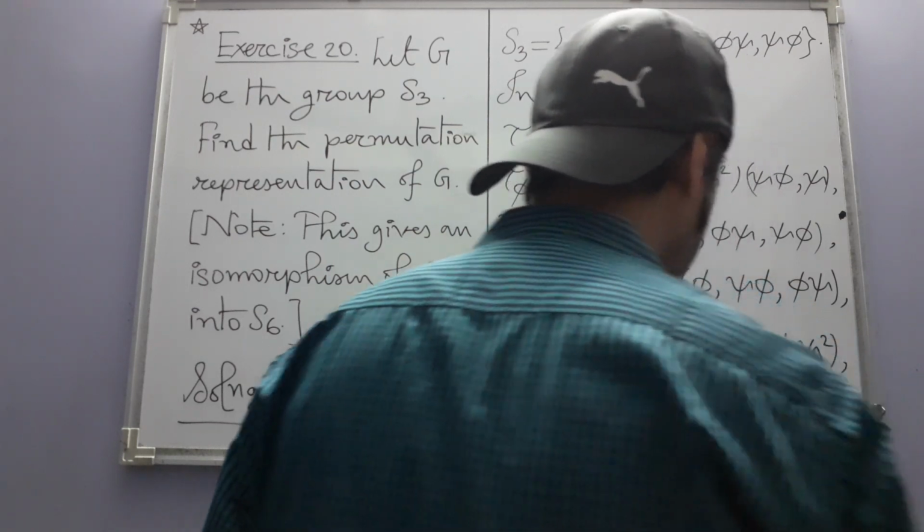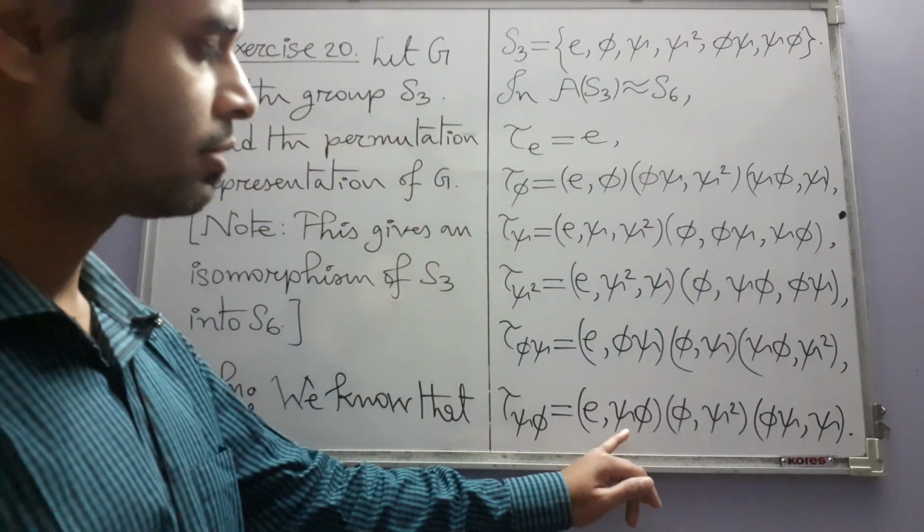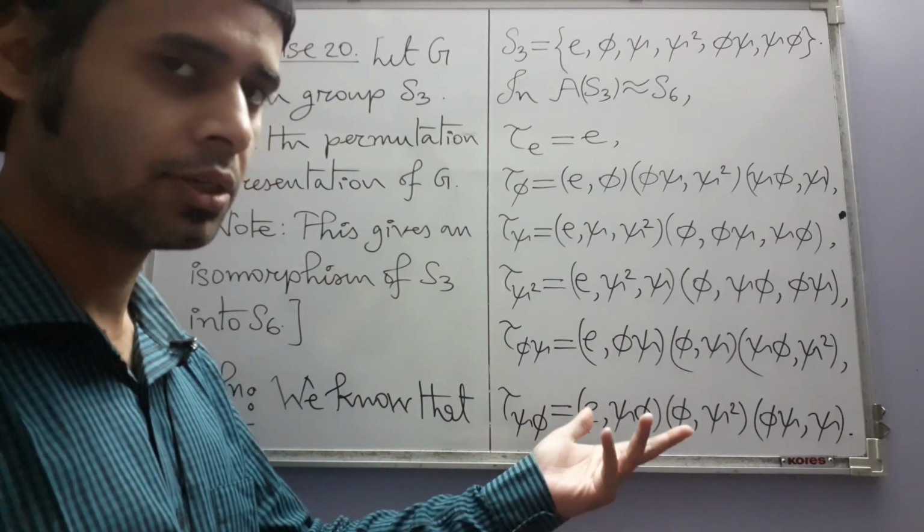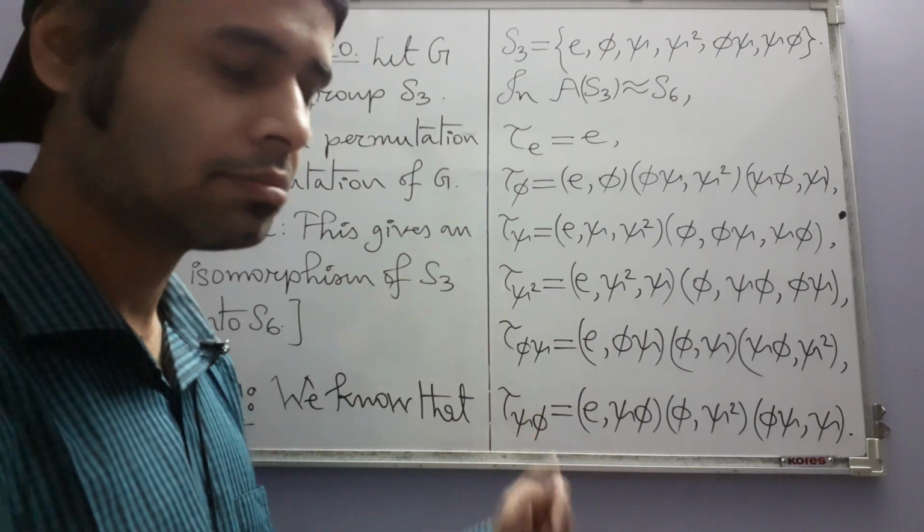If you have a 2 cycle, then it does not really matter whether you write E first or psi phi first, because they are the same thing.